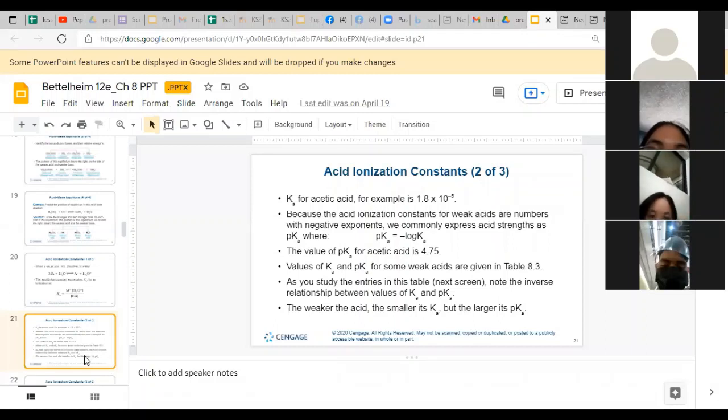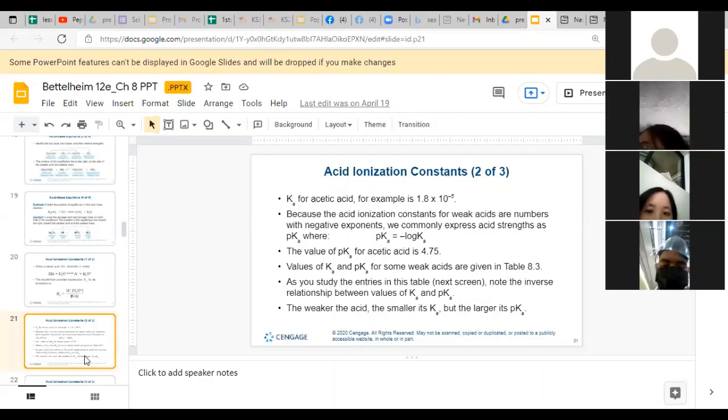Okay, so the Ka for acetic acid, for example, is 1.8 times 10 to the negative 5. So maliit lang sa percentage nung acetic acid magdi-dissociate ng H+. Okay? So because if you use Ka, we have consistent na exponent na may negative number.